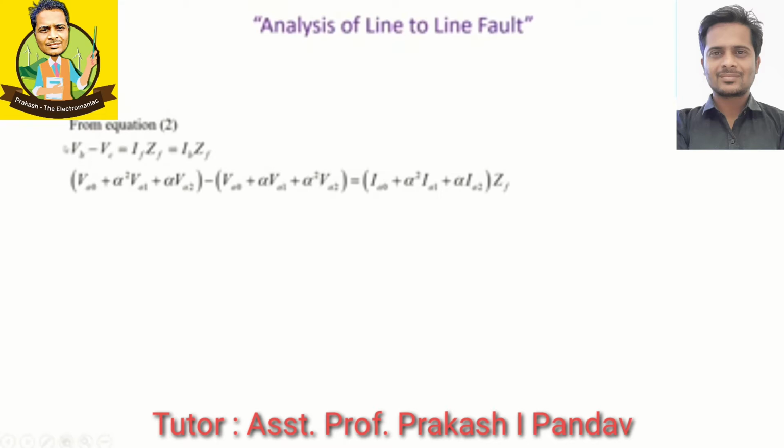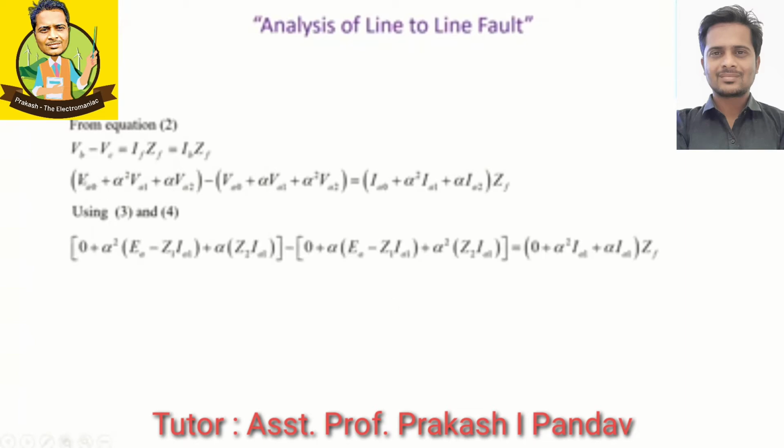So we are writing that VB is equal to VA0 plus alpha square VA1 plus alpha into VA2 minus VC is equal to VA0 plus alpha VA1 plus alpha square VA2 is equal to IB, which is written as IA0 plus alpha square IA1 plus alpha IA2, into ZF. This is the well-known relationship between the sequence voltage and the phase voltage, or the sequence current and the phase current.